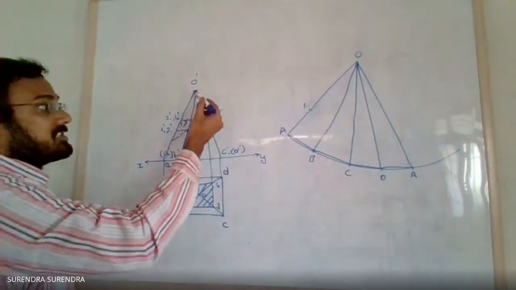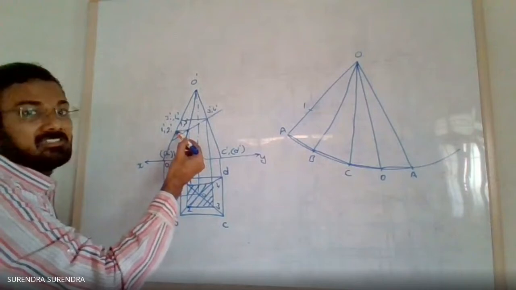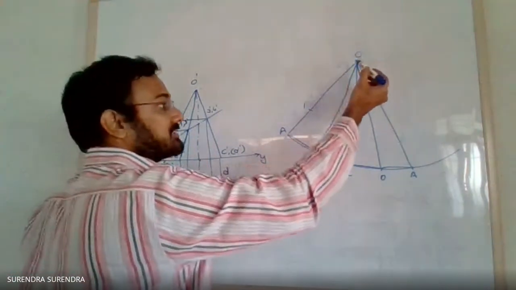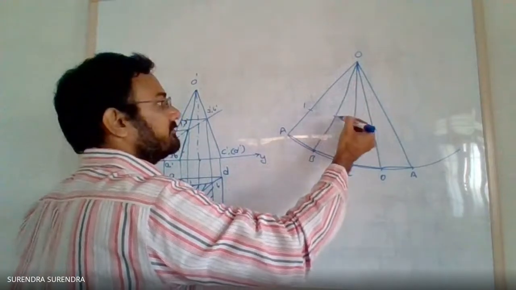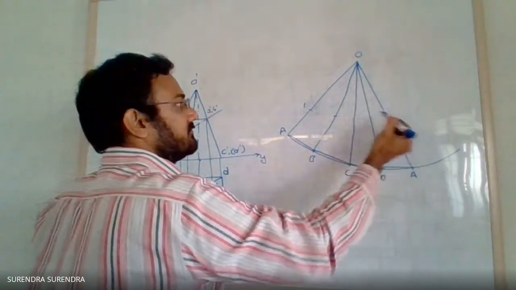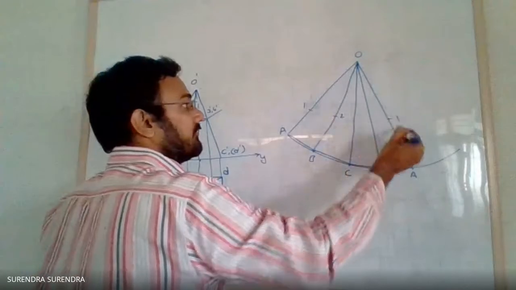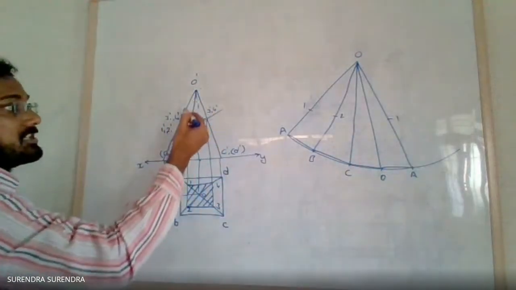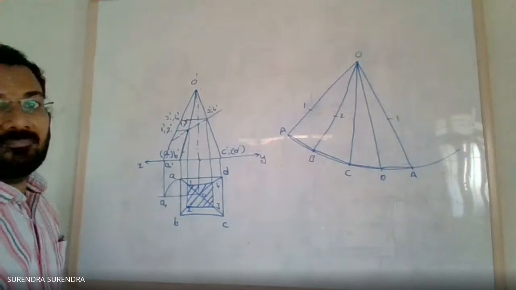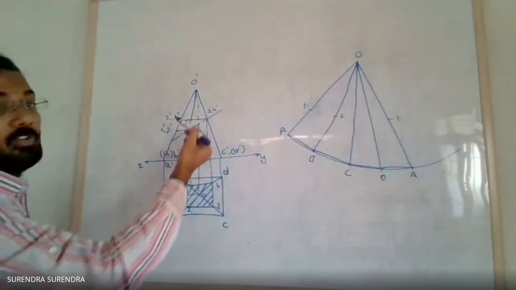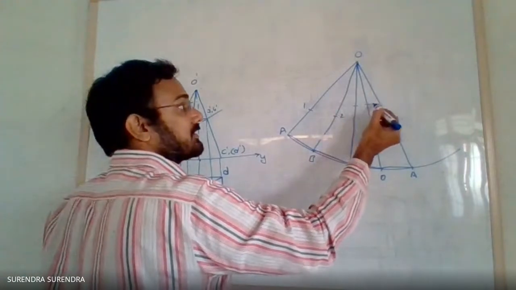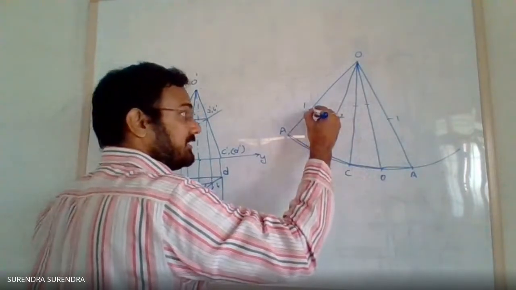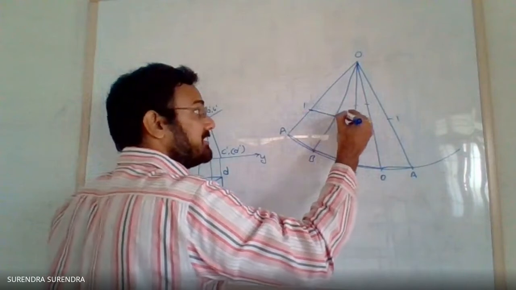Now measure the distance O dash to 2 1 dash, with O as center, and mark 2. Now measure the distance from O to 3. O to 3 and O to 4 are the same, 3 1 and 4 1. So draw the arcs. Join them with straight edges.